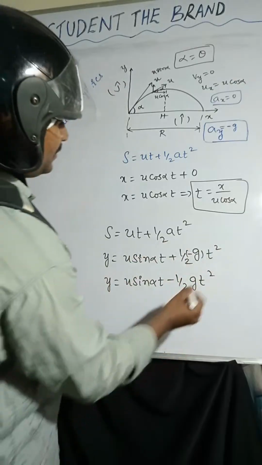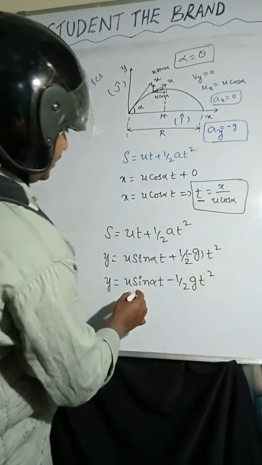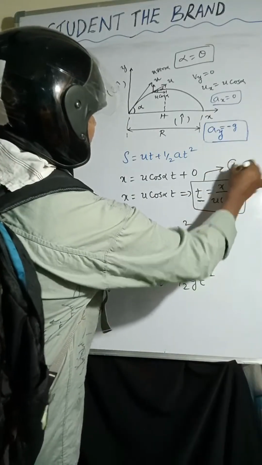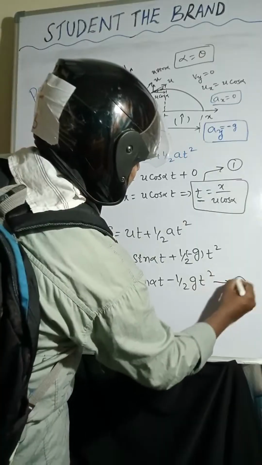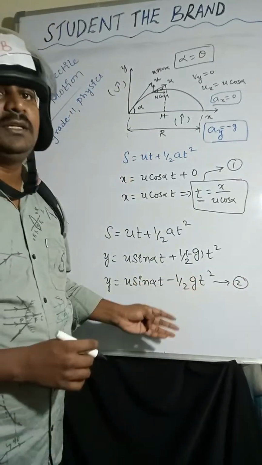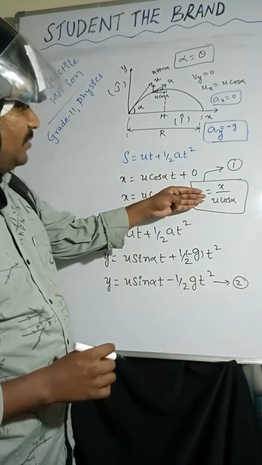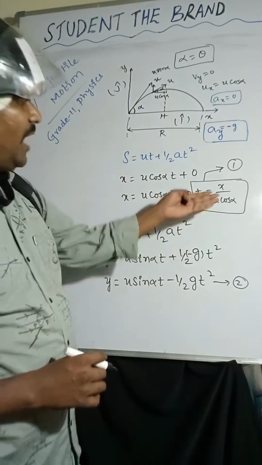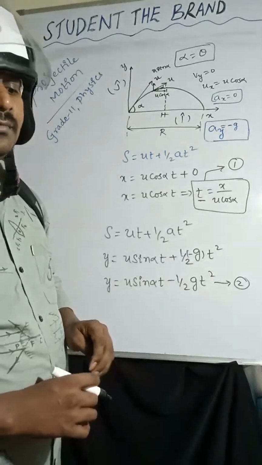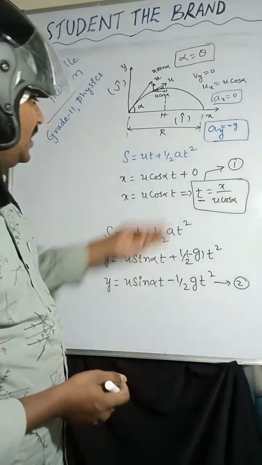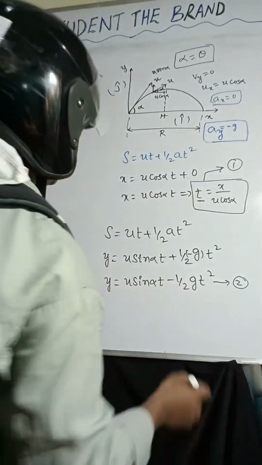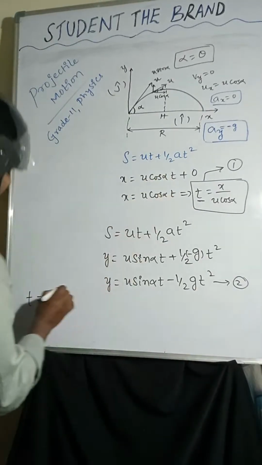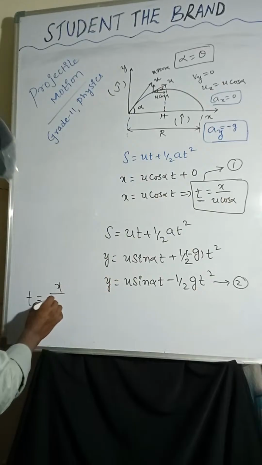Now if you substitute equation 1 in equation 2, the t value in equation 2 in an easy way, you'll get t equal to x by u cos alpha.